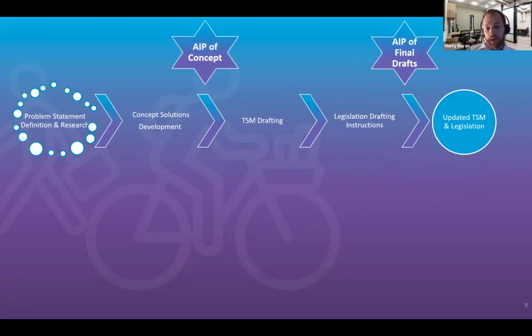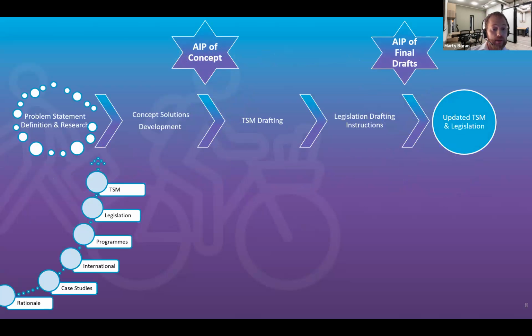We'll look at a little more detail here, to give people a flavour of what's happening at each of these stages. First is problem statement, definition and research. That's really where we go back to the root cause, and we'll do an example at the end to give people a flavour of what we're thinking about. For the traffic signs manual, when we take a particular item, we look at what the current manual says. What does it mean? What's the intended purpose of the sign, road marking or traffic signal?